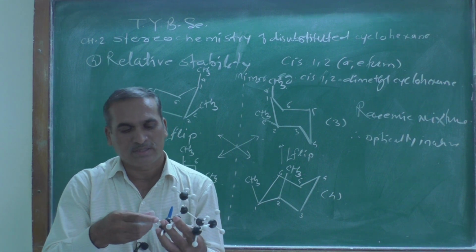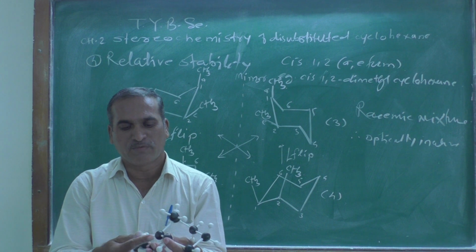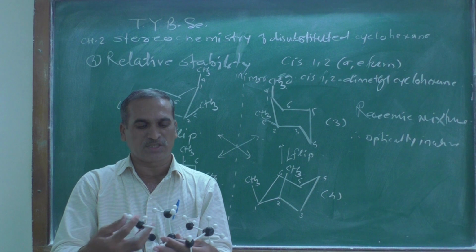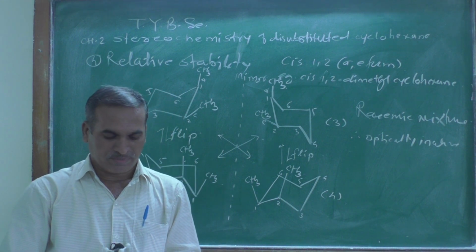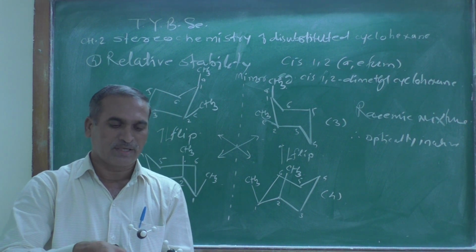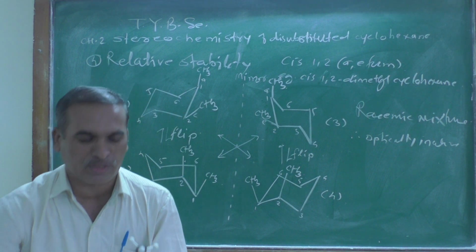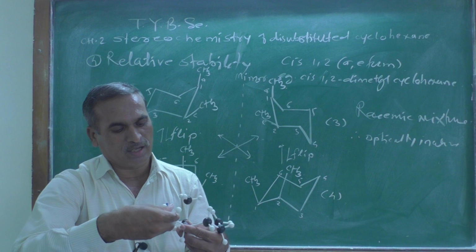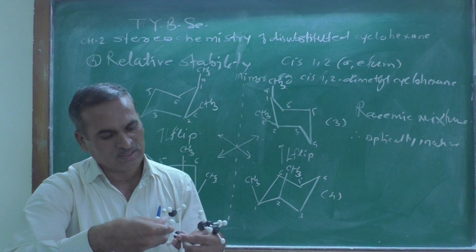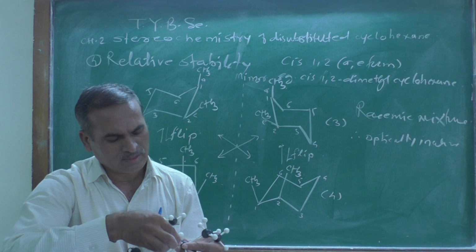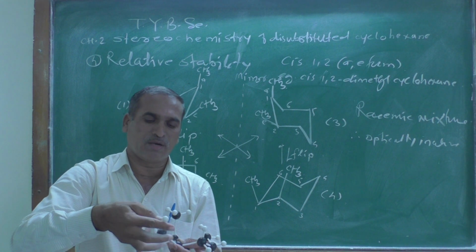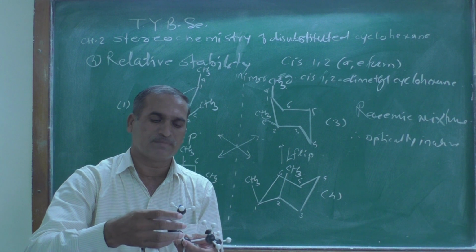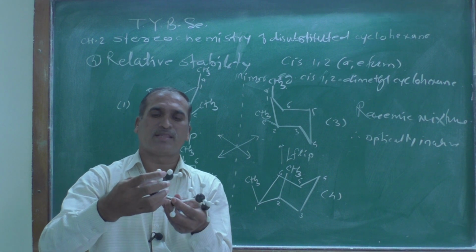Now I have a second methyl group, which should be at equatorial position. Look here, I am putting this group at an equatorial position. Look carefully. What do you see here?